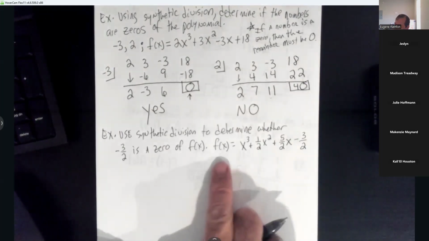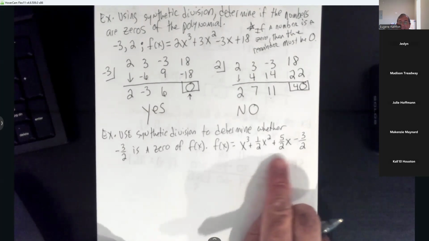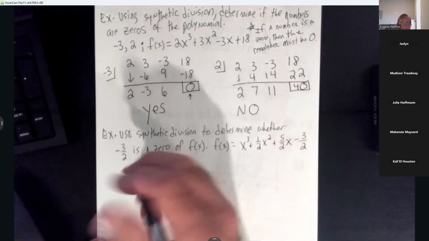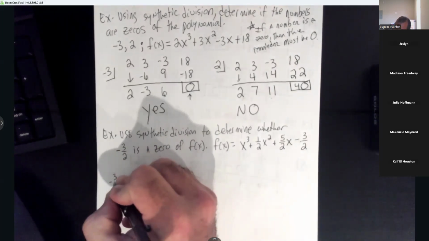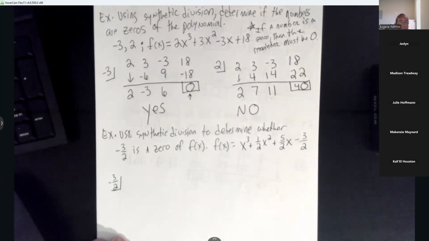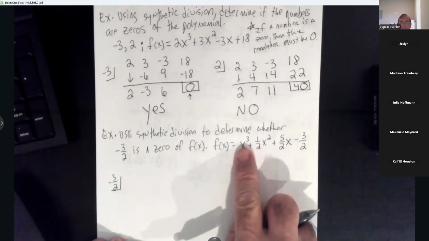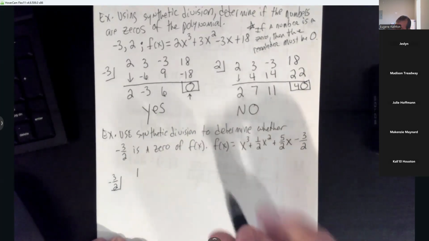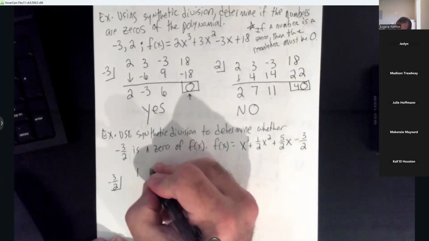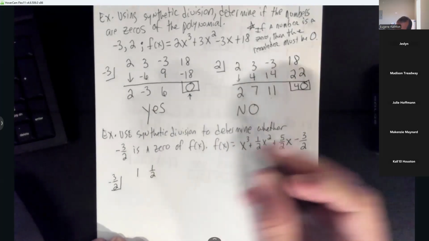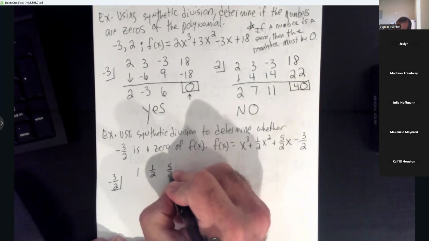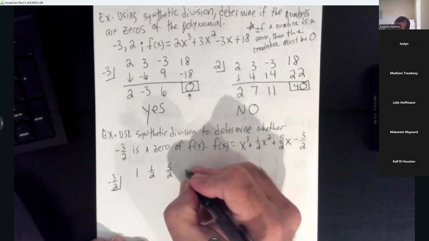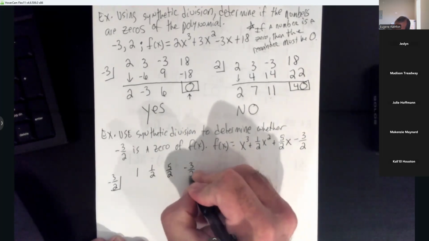So, ooh, look at the fun. We got one with a lot of fractions here, okay? But I'm going to do the same process. I'm going to come over here, and my C is the negative 3/2. My coefficients are 1 for the x cubed, 1/2 for the x squared, 5/2 for the x, and then negative 3/2 for the number at the end.